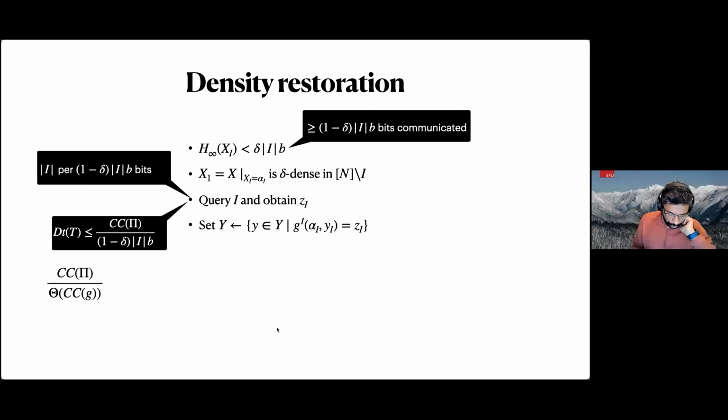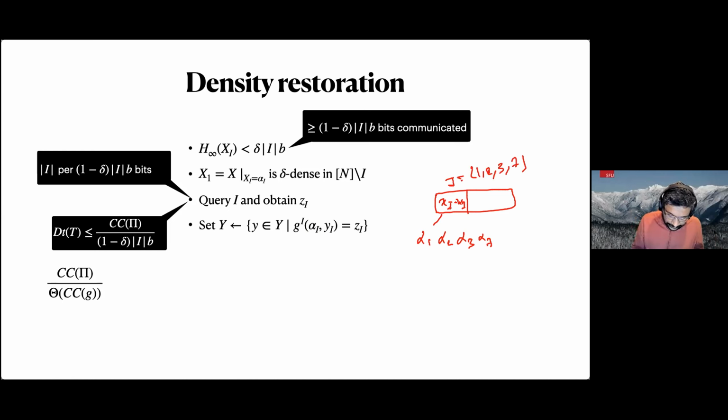But there's a small problem. Whenever we query I and obtain Z_i, we want to update the set Y of inputs so that the set Y is consistent with the query answer. What we have done is, on the blocks I, we have set X_i to be some alpha_i. If this was the index gadget, let's say alpha is alpha_1, alpha_2, alpha_3, alpha_7, so I is 1, 2, 3, 7.